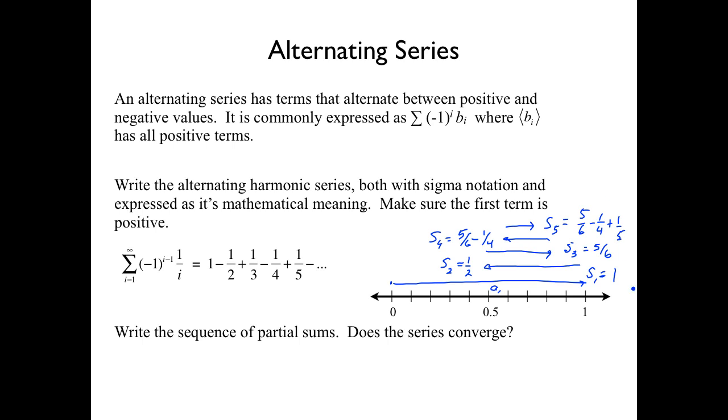So what happens? Every partial sum becomes a new bound. It's never going to be less than S4 anymore, and now it's never going to be greater than S5 anymore. Then S6 is going to be a little bit greater than S4, and it'll never be less than S6. See what's happening? So converge or not? Yeah, the sequence of partial sums is honing in on some value between 1/2 and 1. So the series definitely converges.